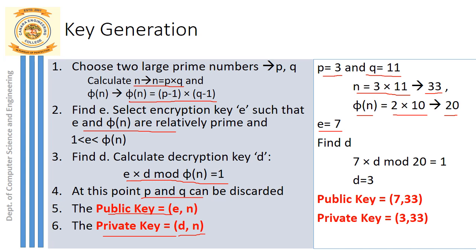Once I find the E value, next I find the D value. Here I know the E value is equal to 7. I need a D value such that whenever I perform this operation, I get 1. So if I put D equal to 3, then 7 into 3 is 21, and 21 mod 20 is equal to 1.